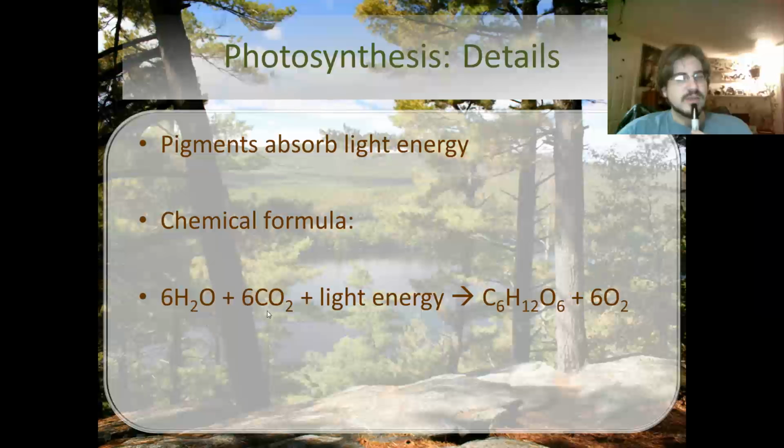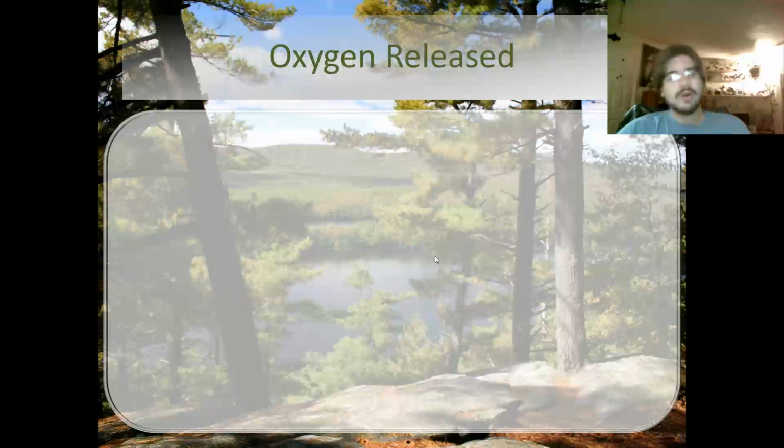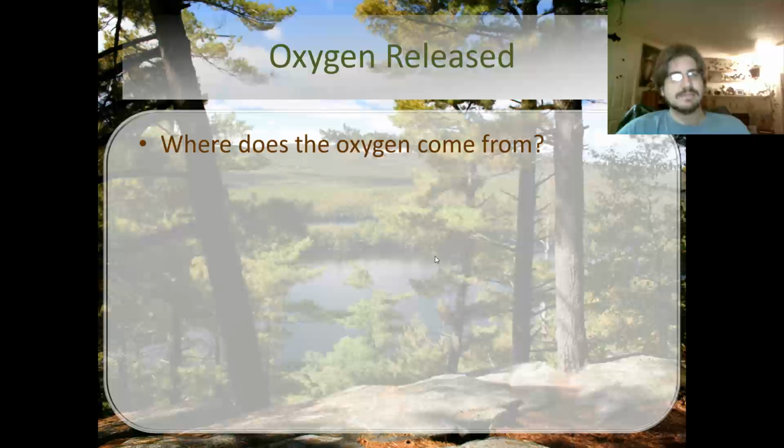Which one of these? This is a liquid, this is a gas, 2 oxygens, 2 oxygens. Any guesses yet? That's right. The oxygen released is actually liberated from water. Plants split water molecules in order to release oxygen, which is pretty neat.